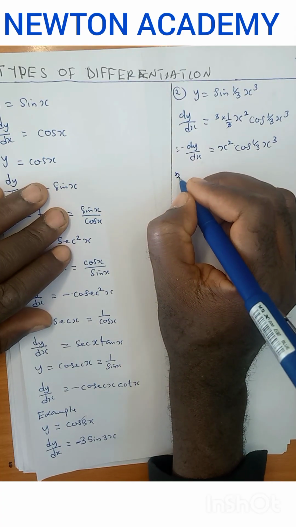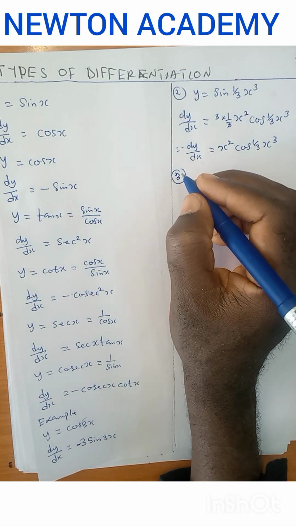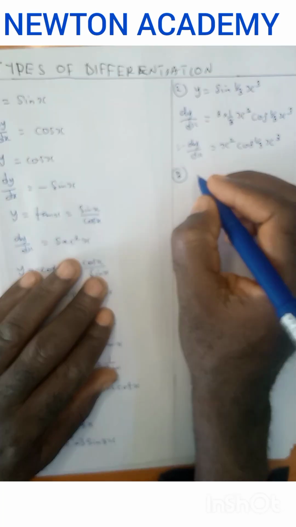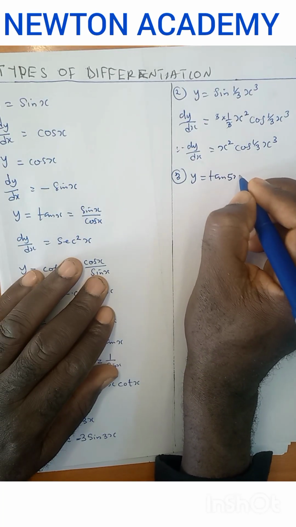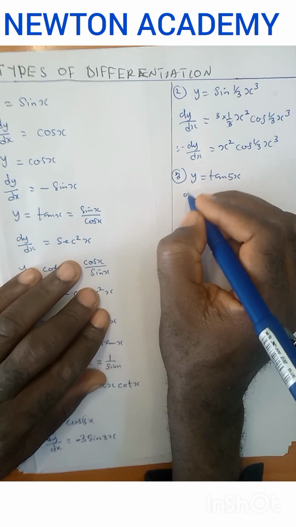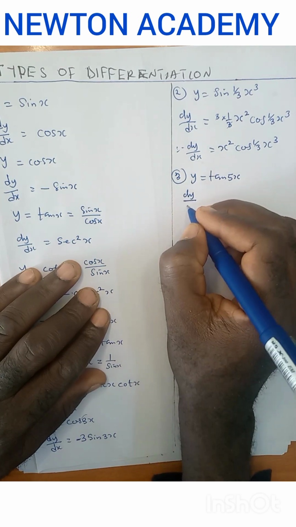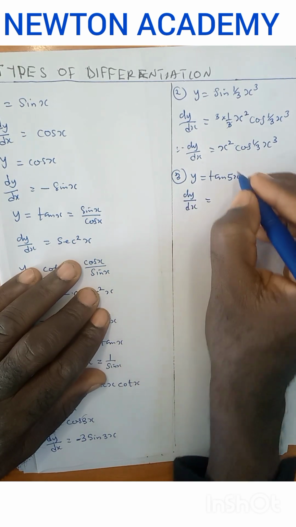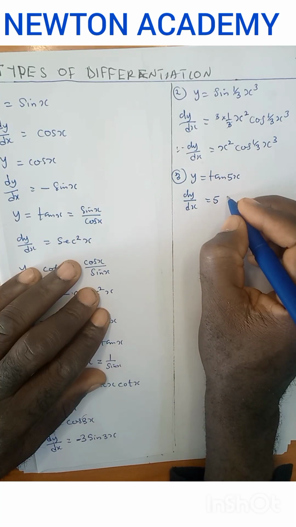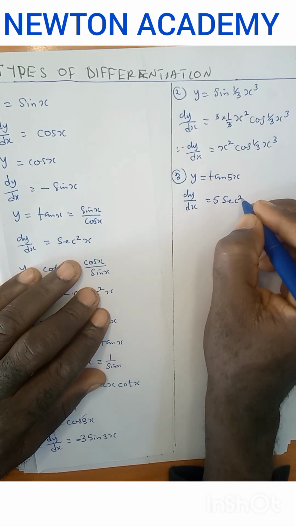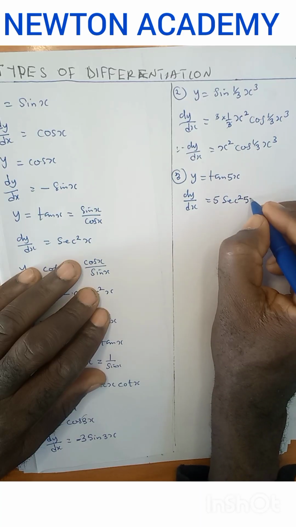Now let us look at another example here. If you are given, say y is equal to tan 5x. Now, when you are to differentiate it, we have dy/dx is equal to, differentiation of 5x is 5. Differentiation of tan is sec squared. Then you write the 5x back.